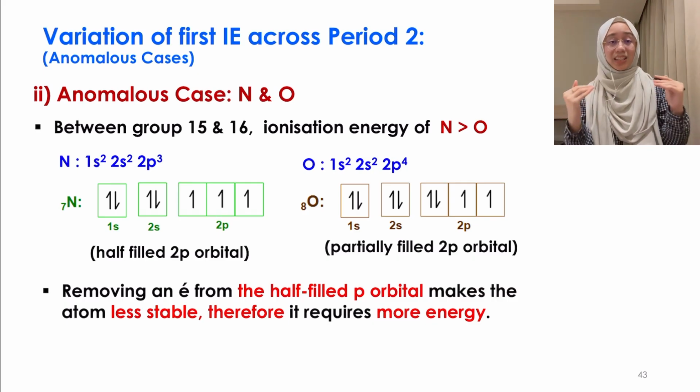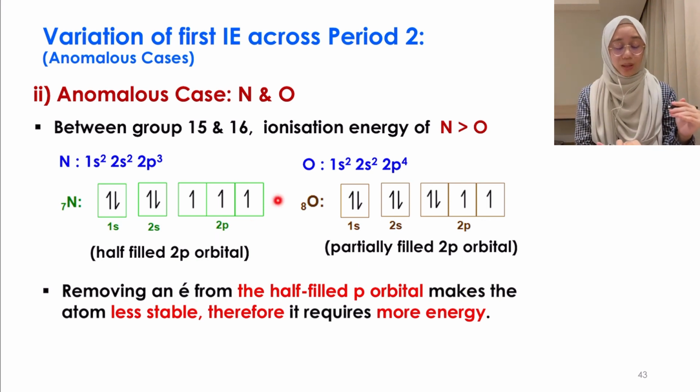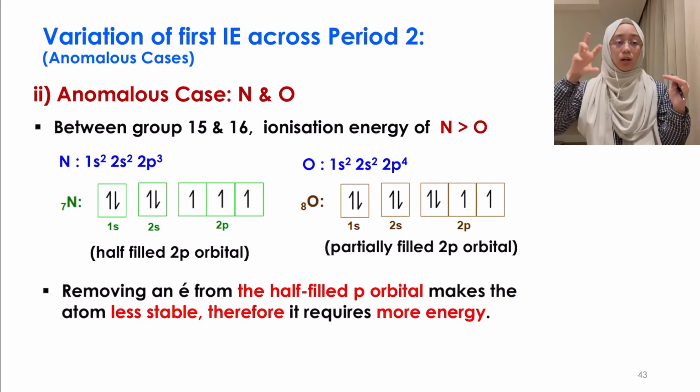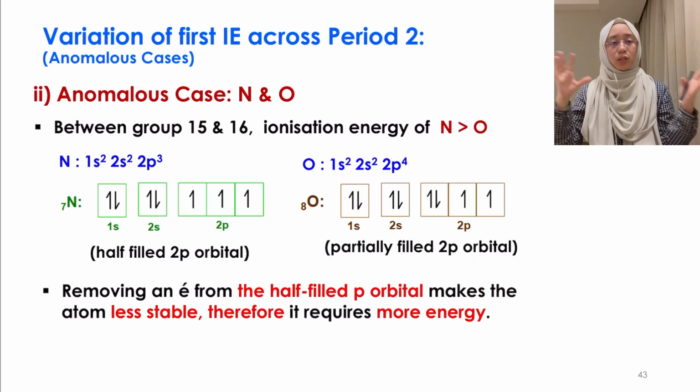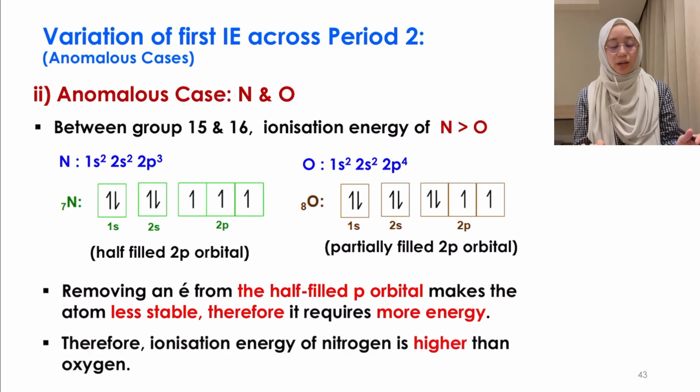Okay, because dia dah sangat stable dah sebenarnya. You have to know that the half filled 2p orbital is very stable already. So kalau kamu remove 1, dia akan menyebabkan benda tu jadi sangat tak stable. So tapi kalau nak remove juga, it will require lots of energy. Okay, that is why the ionization energy of the nitrogen is higher than the oxygen.